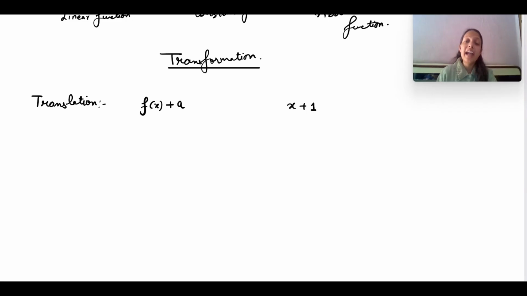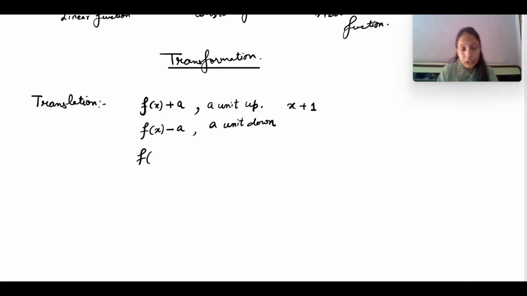What I did was just add 1. So I will say it's translated 1 unit up. Here, if it is a, the function is translated a units up. If a is a positive quantity and I write f(x) minus a, then it will be a units down.